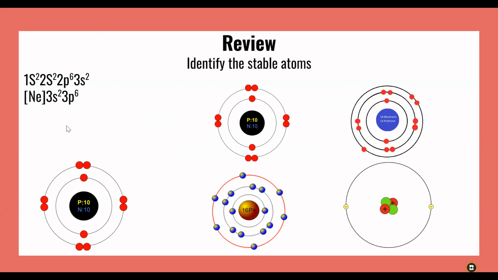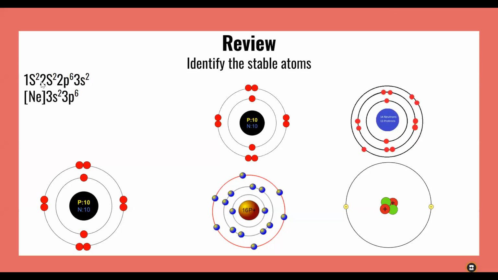Looking at these images, and also this electron configuration and abbreviated electron configuration, pause the video and try to answer this question: identify the ones that are stable and state why. This is supposed to be a lowercase s. I'm sorry about that, lowercase s, okay? Pause the video.